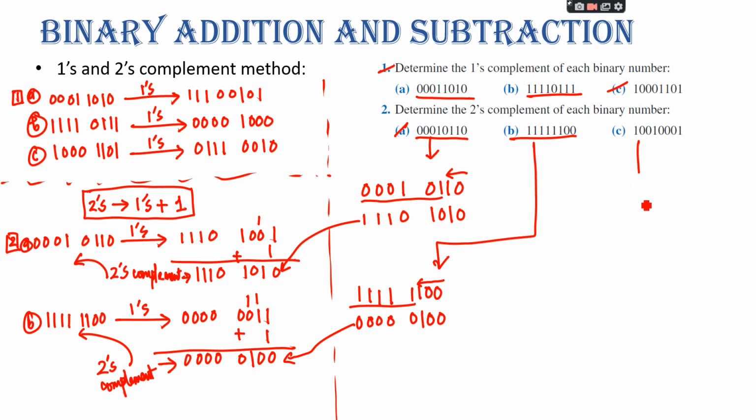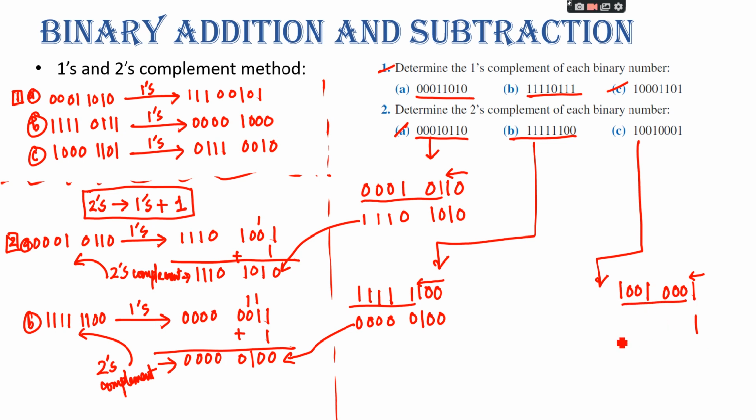So for the third one, what we can do? The actual number is 1001, then 0001. So what should be the 2's complement of this number? If you start from the right, the first digit is 1. So we'll keep the 1 as it is, and then we have to take the complement of the rest of the number.